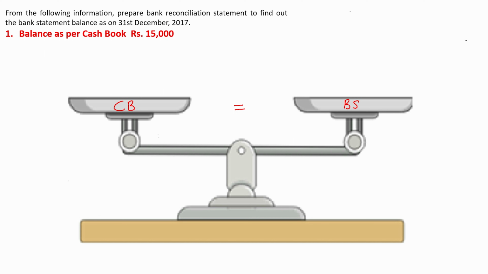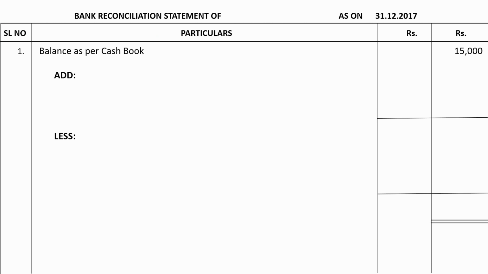If there is any discrepancy, we will try to make it equal through this bank reconciliation statement. Balance as per cash book is given, it is 15,000. So, according to our assumption, bank statement will also have 15,000 rupee balance. Right?